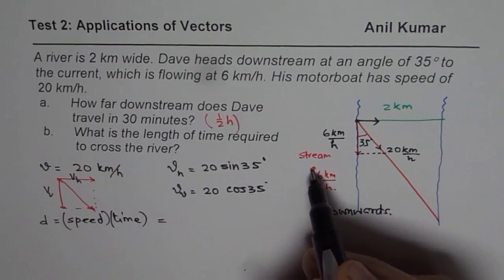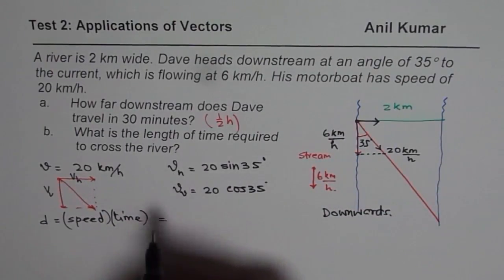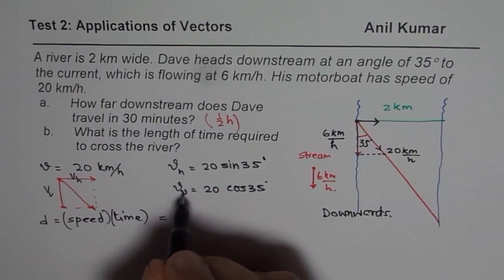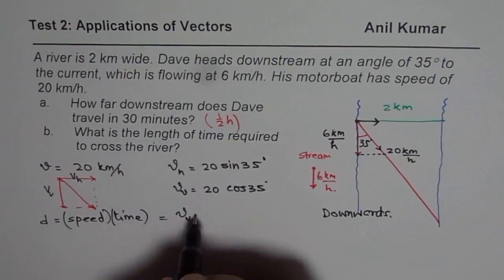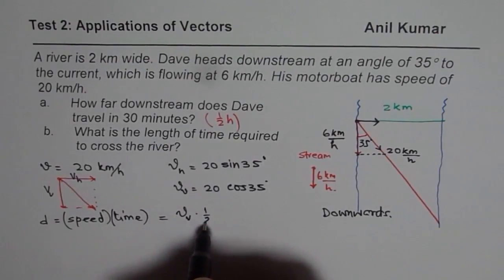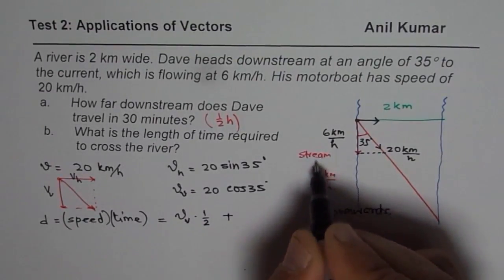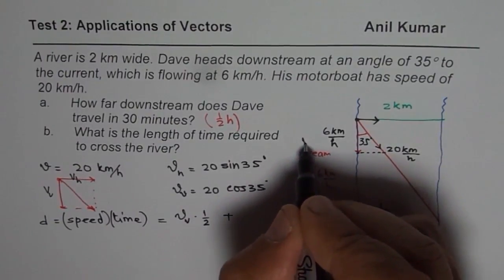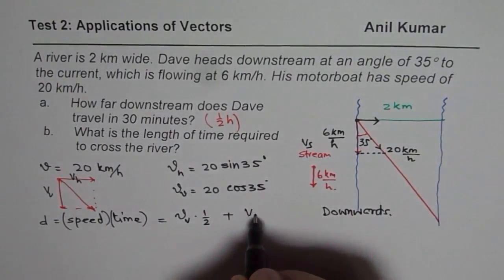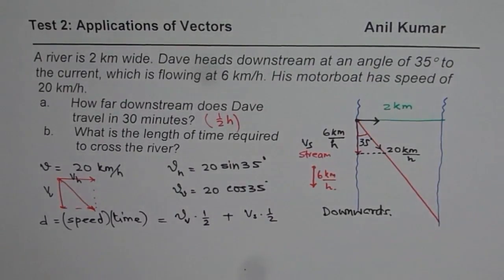The components which are acting downwards are V vertical, and the time is half an hour. So we'll multiply this by half, plus the stream, which is 6 kilometers per hour. So let me write this as V of stream times half an hour.